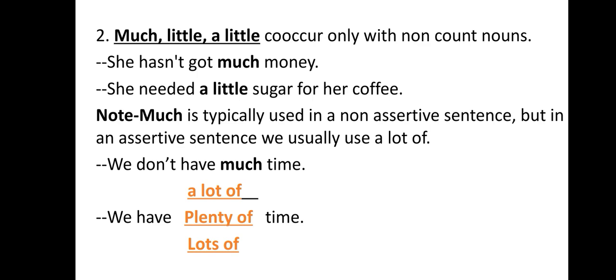So, we don't have much time, but we have a lot of time, or we have plenty of time, or we have lots of time. We cannot say we have much time because much is used in a non assertive sentence.